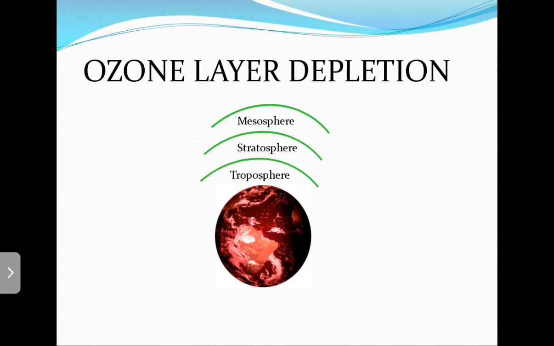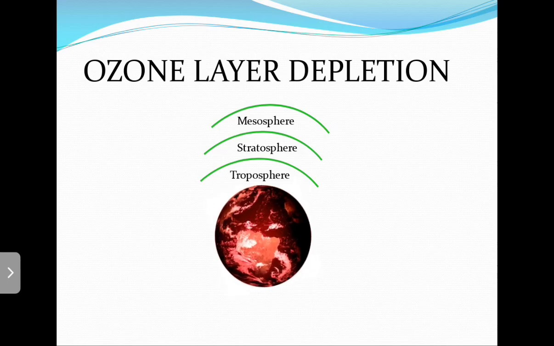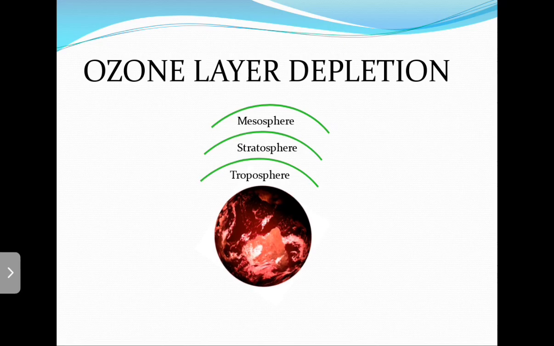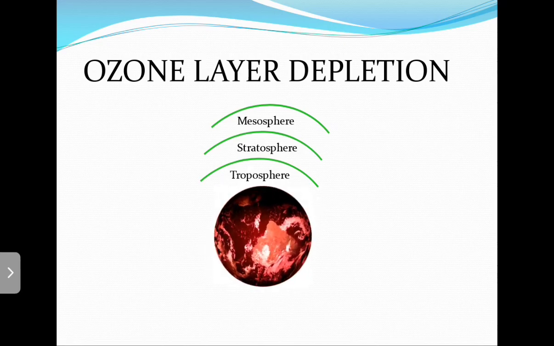The troposphere is normally in the range from the earth's surface to around 10 to 12 kilometers in height, and then the stratosphere is from 10 to 12 kilometers to 50 kilometers. In this stratosphere our ozone layer is situated. So we'll discuss this stratosphere in detail, because this is the area where the ozone layer is situated.